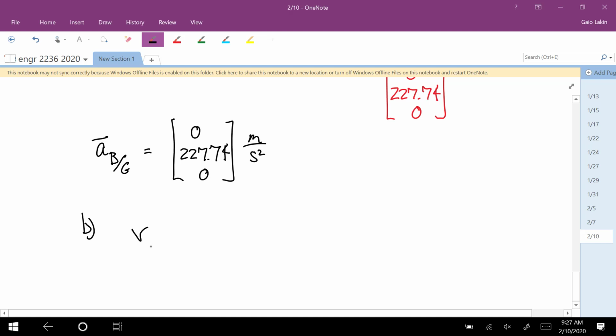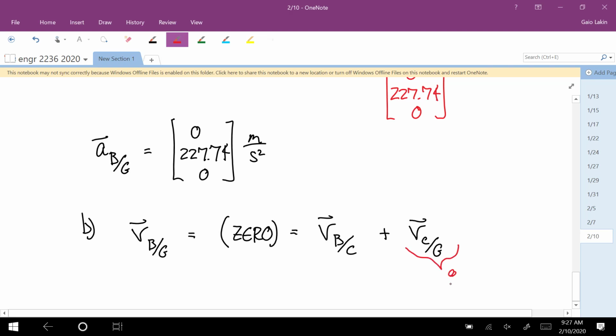The velocity of the point B relative to the ground, we know from the way rolling without slipping works that it has to be 0, but let's see it happen. So this is equal to the velocity of B relative to the center plus the velocity of the center relative to the ground.